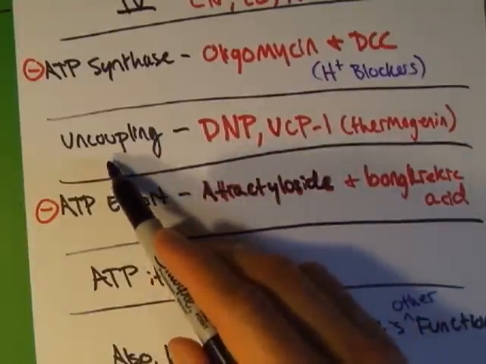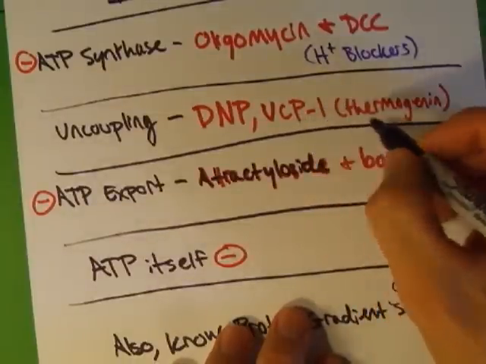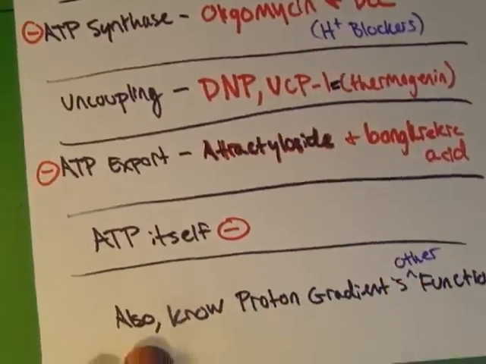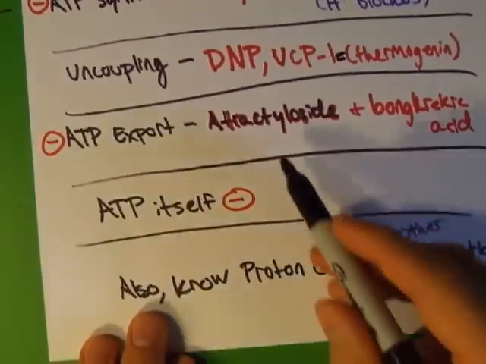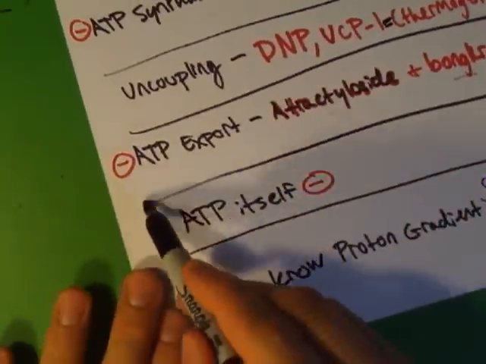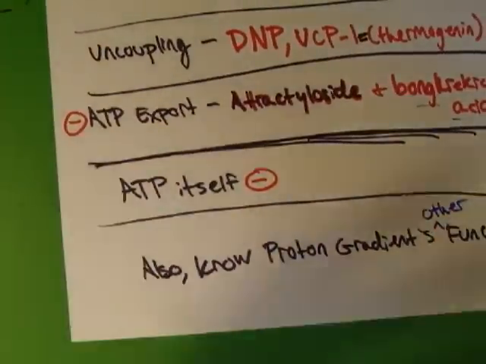I would know it can be uncoupled by DNP or UCP1, which is the same thing as thermogenin. These two block ATP export, and then just remember ATP itself slows down oxidative phosphorylation. If you have ATP, you don't need to keep making ATP.